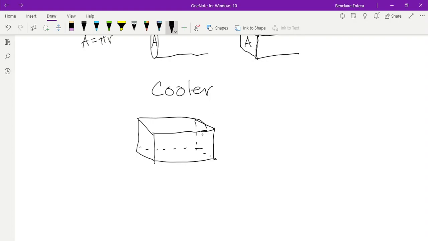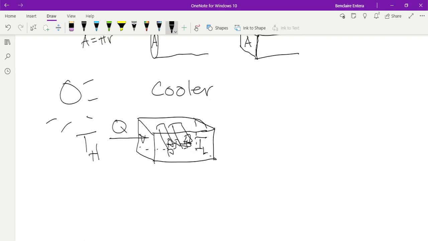Okay. So, paano nila piniprevent ang heat transfer? So, kung lagyan mo dito ng ice, for example, ice. So, nandito yung mga drinks mo. Okay. The outside temperature, sample yung sa outside temperature, yun yung higher temperature. Dito naman sa loob na may ice, ito yung lower temperature. So, in this case, heat will be transferred from outside to inside.